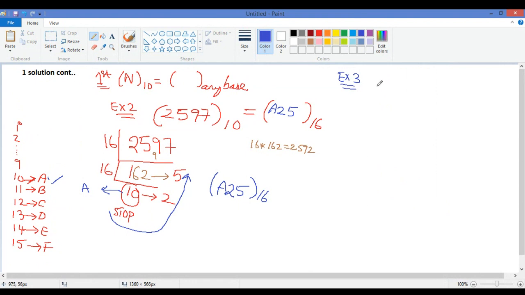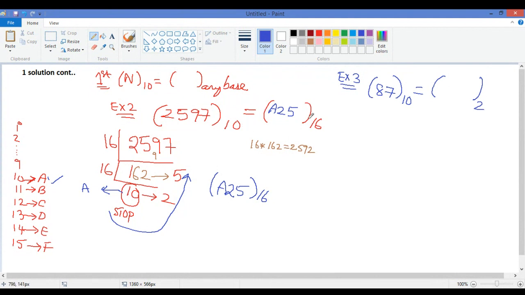Let us convert, for example, 87, which is in base 10, into base 2. Shall I show you this example? By this, you'll understand easily.